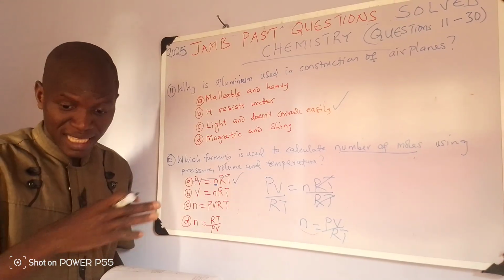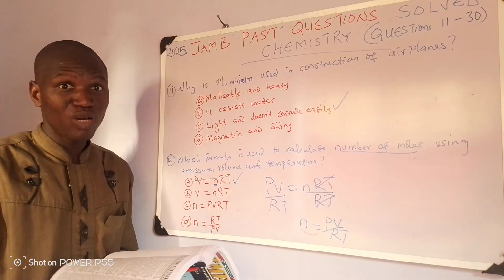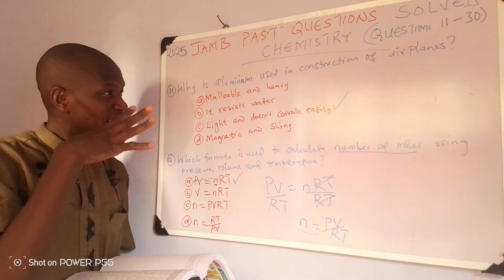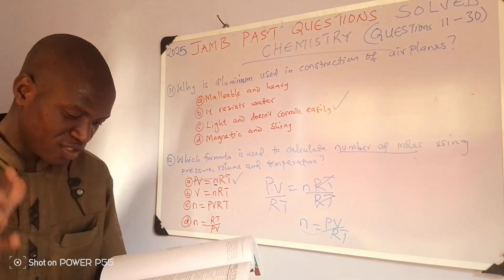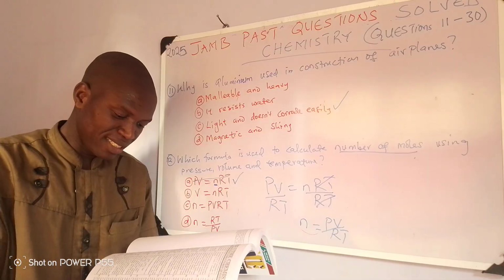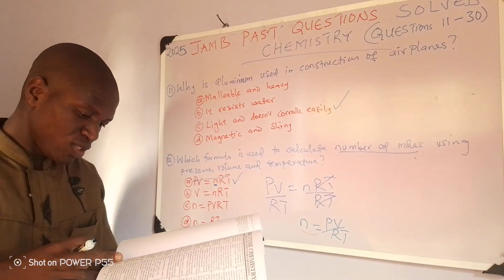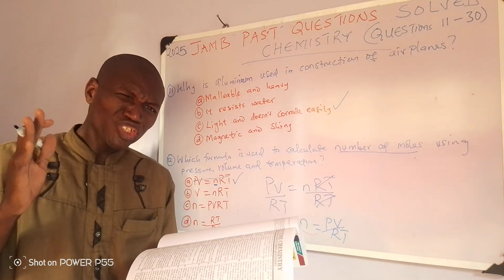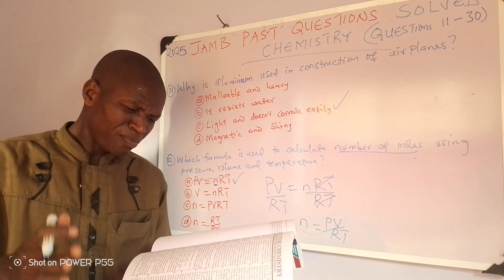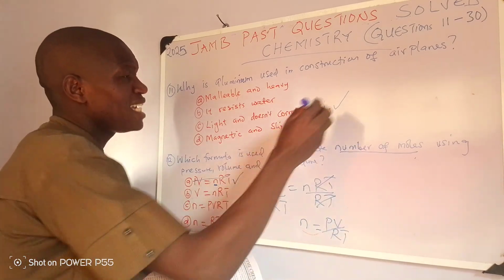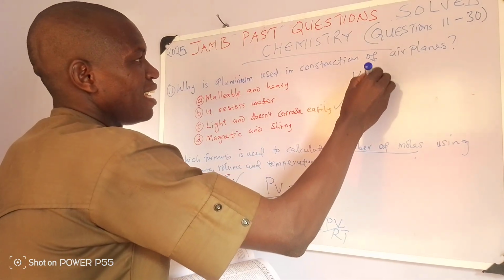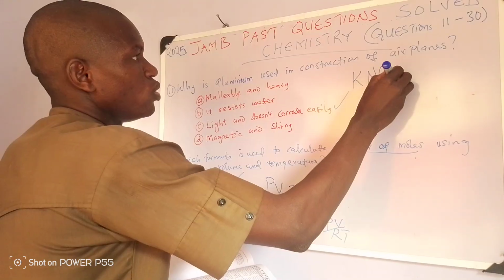I may not be able to write everything, but I would do as much as possible to get you acquainted with these questions, because you don't know what you may see this year. So the next question says, the thermal decomposition of potassium nitrate. Potassium nitrate is KNO3.